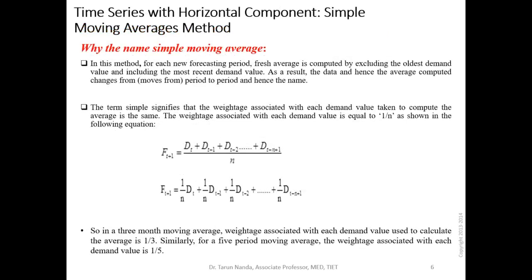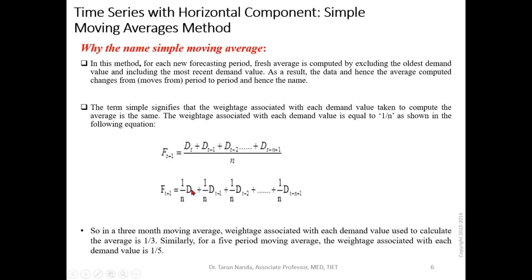So why the name simple moving average? Because you are finding out the simple mean, and when you find out the simple mean, the weightage that is given to each past sales value is the same. And what is that value? 1 by n. So when you are sitting in period t and calculating the forecast for period t plus 1, you are taking past sales value D t, past sales value D t minus 1, down to D t minus n plus 1.